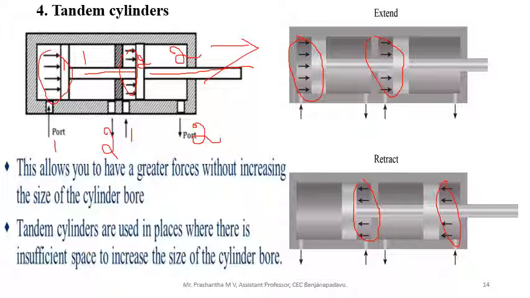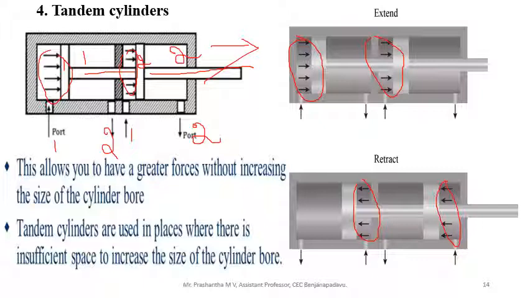Without increasing the diameter of the cylinder, we can achieve greater forces. Tandem cylinders are used in places where there is insufficient space to increase the size of the cylinder bore. So there is some space constraint to increase the diameter of the cylinder. In such cases tandem cylinders are utilized.